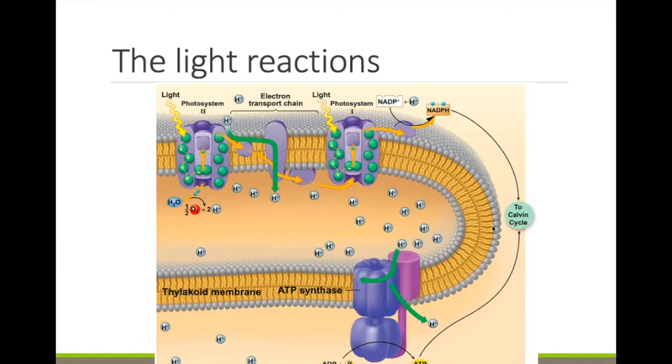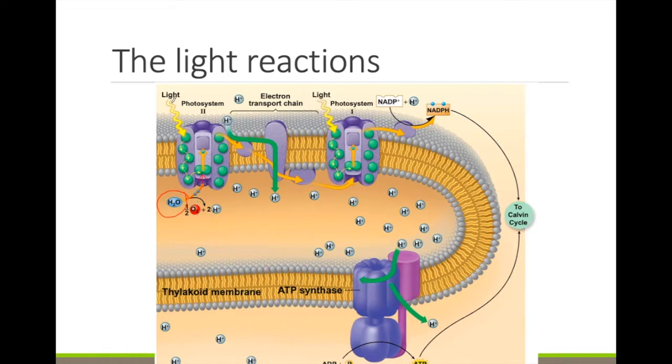So this slide shows what this process really looks like on a thylakoid membrane, not just the picture of the workers. So let's follow the electrons as they move through this process. Start with water. We're going to start with water here. The water gets split into oxygen and hydrogen. The electrons get passed to the photosystem.